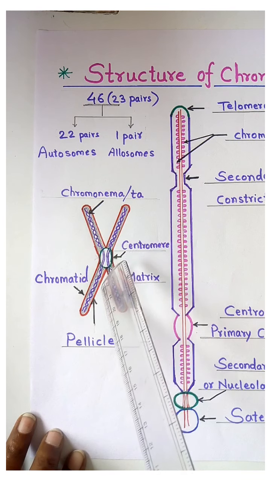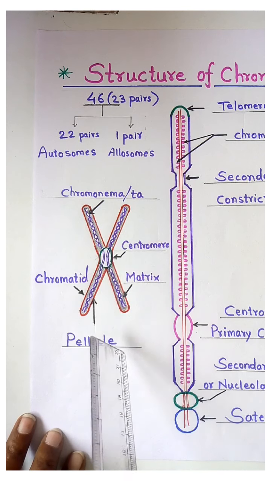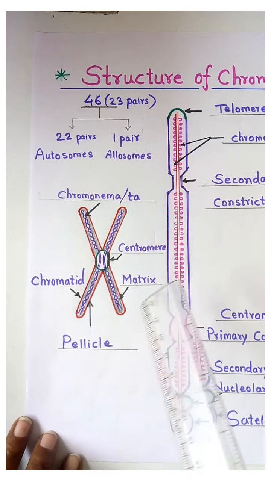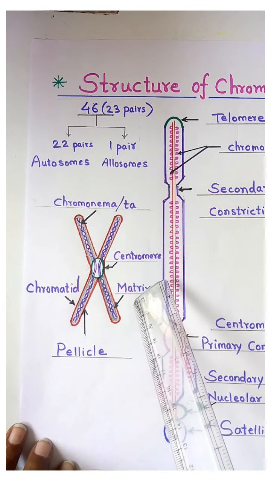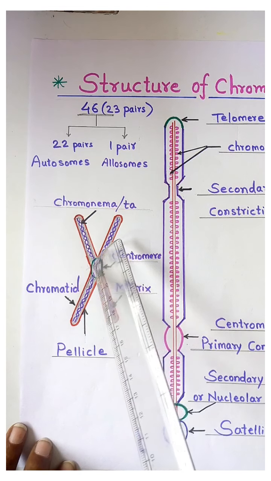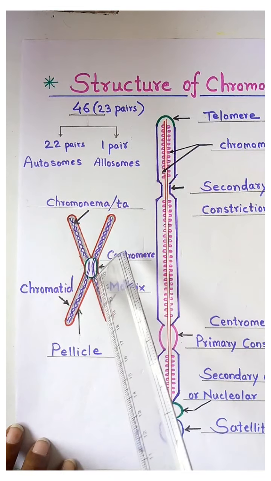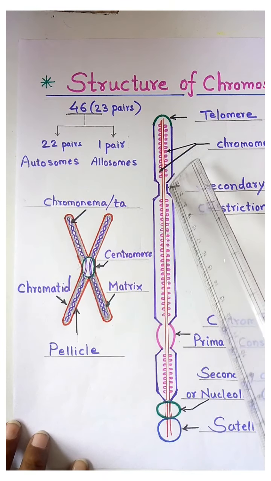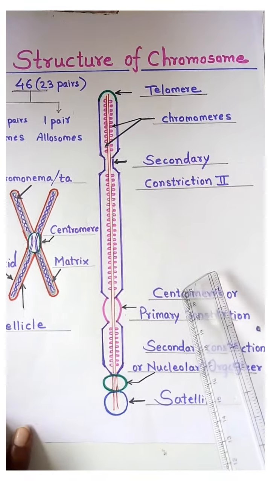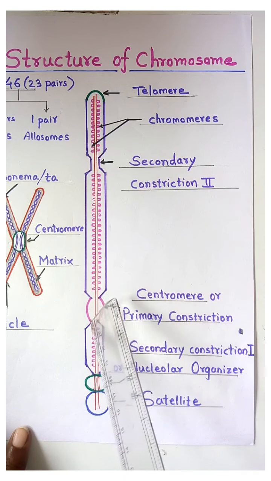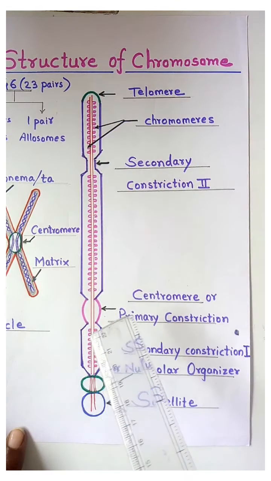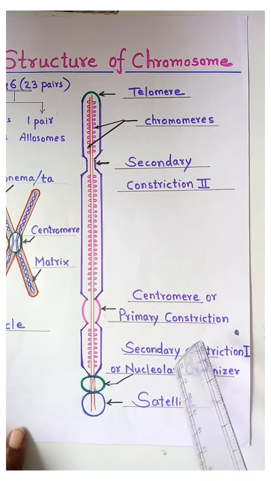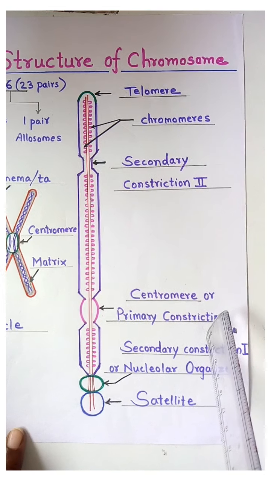The outer covering or the membrane of chromosome is called pellicle, which consists of matrix. This is the central part of the chromosome, and this central part is called centromere. In this diagram, centromere is present here. This is the centromere. The centromere is also called primary constriction.